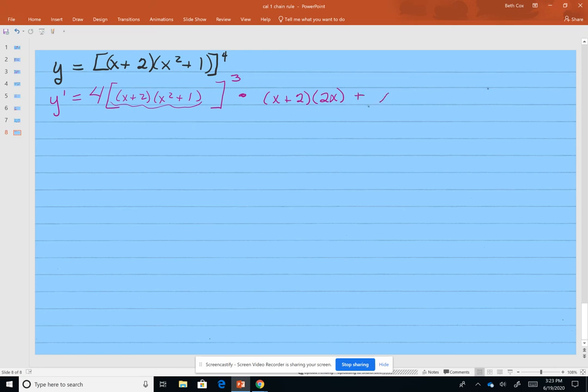Plus the second times the derivative of the first. The derivative of the first is 1. Alright? So, we did the 4 out front times that. Now we did the derivative of the inside. This is the derivative of the inside, or du. That's du right there.